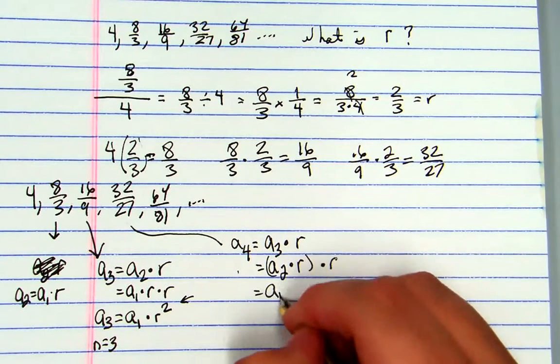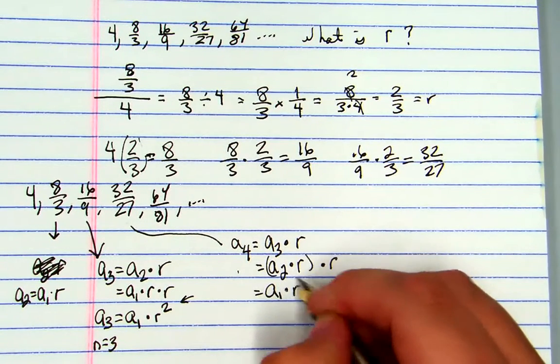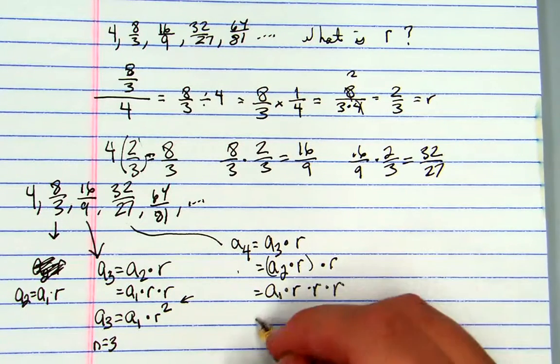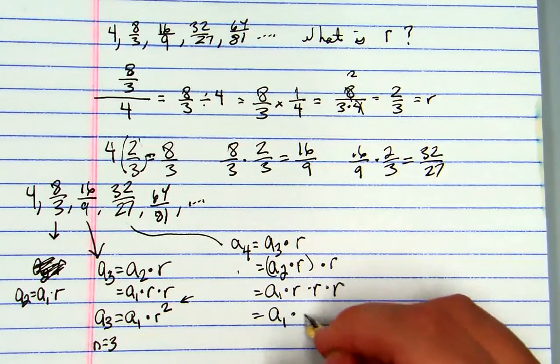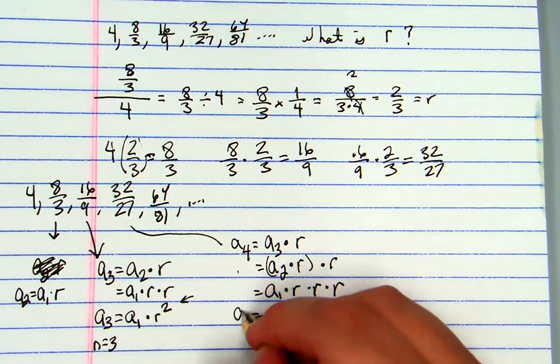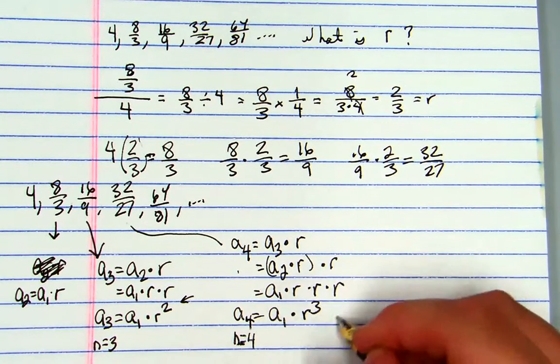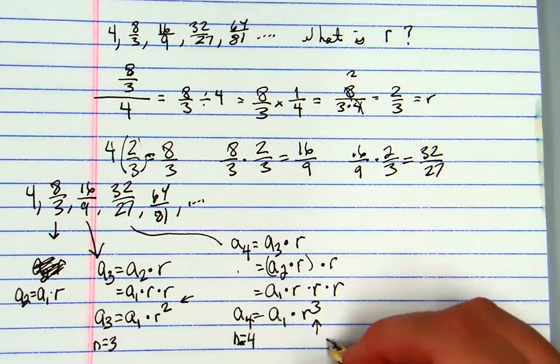So this is a sub 1 times r times r times r, which is really a sub 1 times r cubed. That's a sub 4. So when n equals 4, my power here is 3.